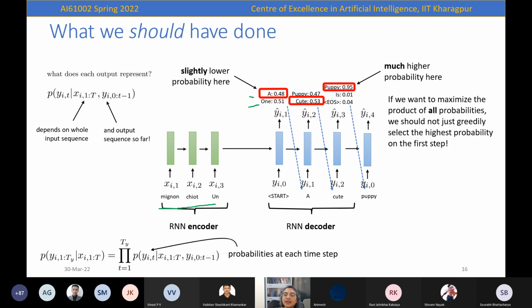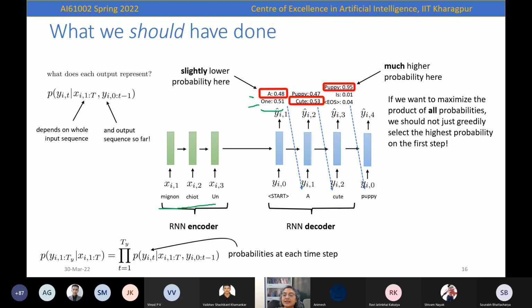However, suppose the best translation for this sentence is a cute puppy. So a is more appropriate, but locally 1 has the higher probability. 1 has a probability of 0.51, a has a probability of 0.48.